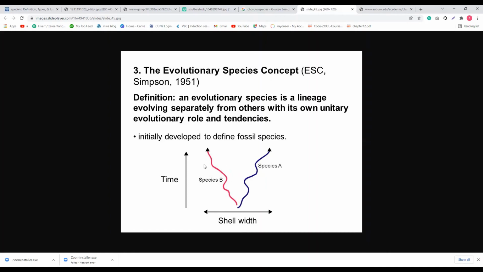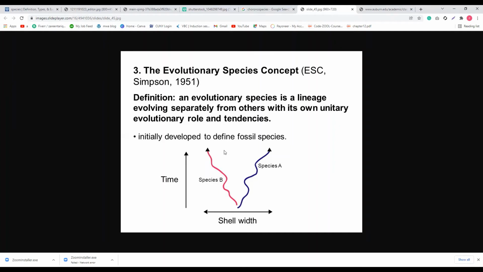This is not one member or one organism. It does not represent one organism at a particular time. It represents the ancestors and descendants, everything from the beginning until now, and we call this whole lineage a single species. This is the evolutionary definition of species.